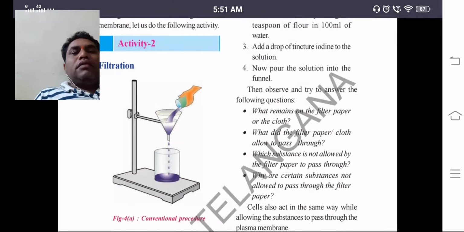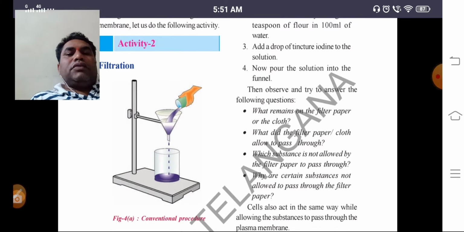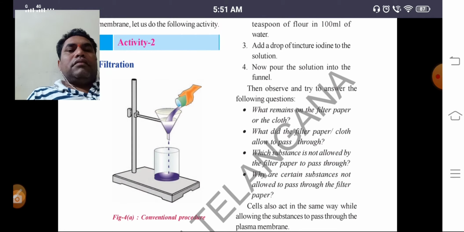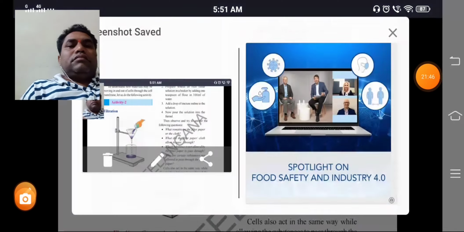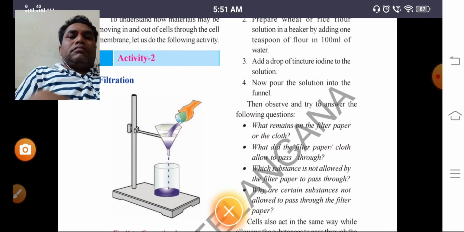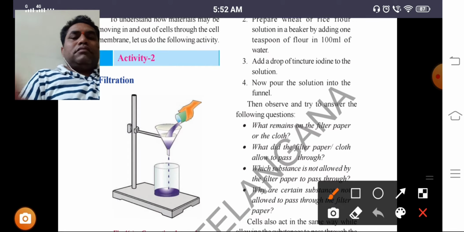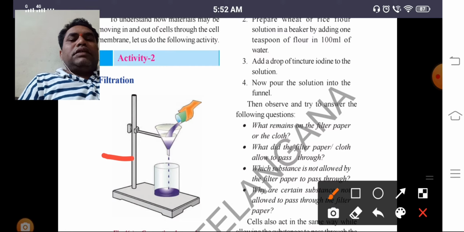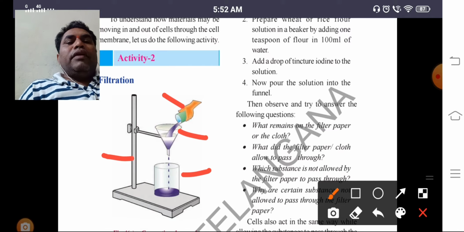Here this is the stand, beaker, thistle funnel, and here in this water pan, there is water and flour, rice flour or wheat flour. While pouring, we have to add the iodine.